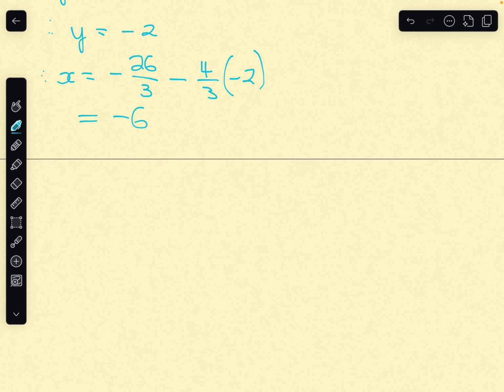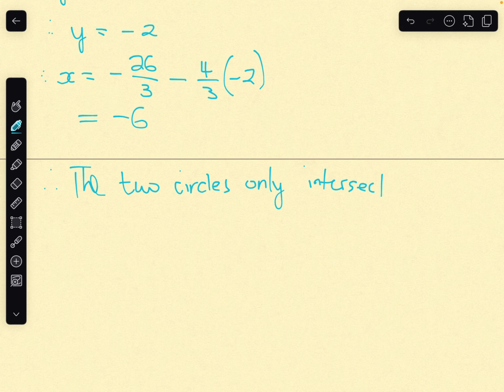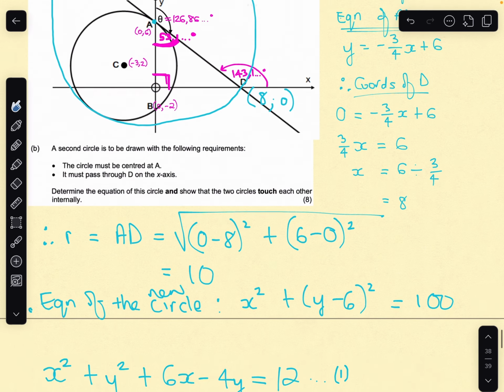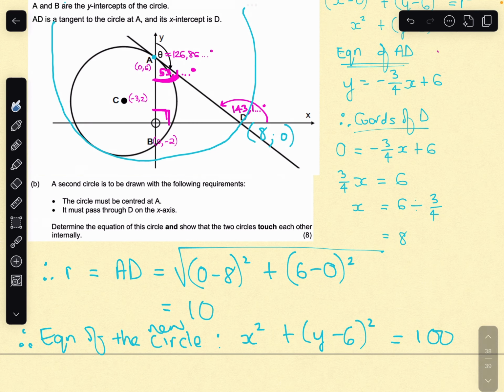And so therefore, the two circles only intersect at negative 6, negative 2. And I mean, yeah, I'm happier with that as a proof.